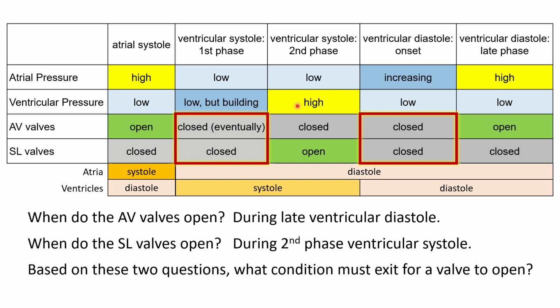So it's still that sort of from-to, high-low arrangement that is going to drive these semilunar valves open. So to answer this question, we would say that it has to be a relative high-low pressure relationship between the chambers where the blood is coming from and where it is going to.